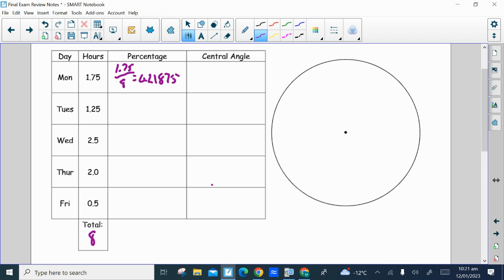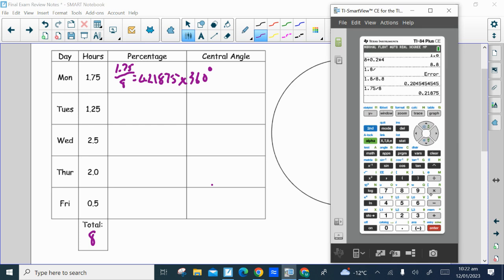If you wanted to know what that was as an actual percentage, you would multiply by 100. It'd be 21.875%. But I'm going to leave it like this because my next step is to take that decimal and multiply by 360 degrees. This will tell us what portion of the circle would be dedicated to Monday's homework. 0.21875, which we already have in our calculator, and we're going to multiply that by 360 degrees.